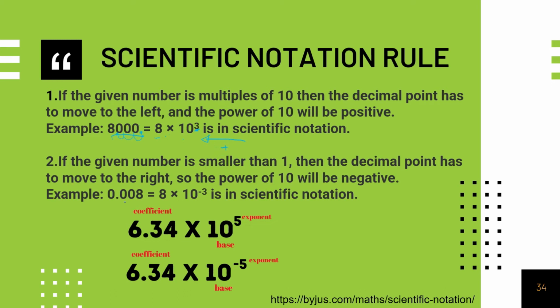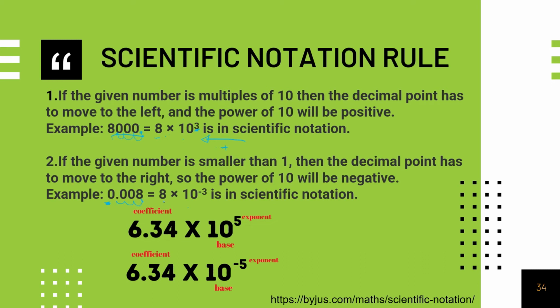Okay? Next is 0.008 is equal to 8 times 10 raised to negative 3. So, paano nangyari yon? Lagi niyong tatandaan kapag 0 ang nauna, laging negative yon. 0.1, 0.2, 0.223, lahat yon negative. Okay, so, nandito yung decimal point, ang movement natin pa right. 1, 2, 3.